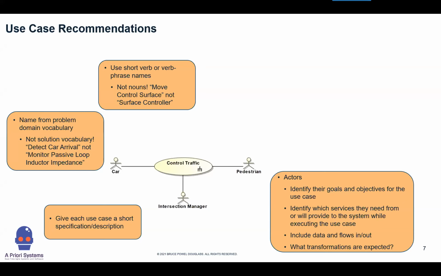And this includes not only services, but also flows: material flow, fluid flow, mass flow, energy flow, information flow. What are the flows in and out of the system? And functional requirements are really transformations, controller data transformations. So what controller data transformations are expected as a result of this capability of this use case?